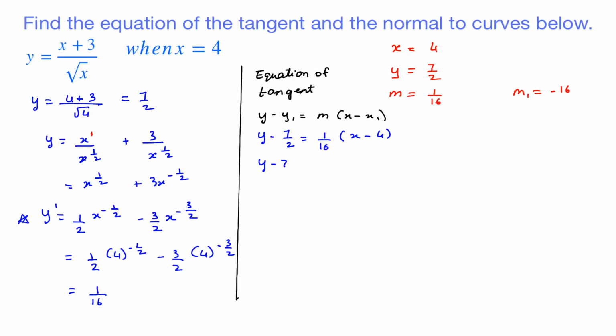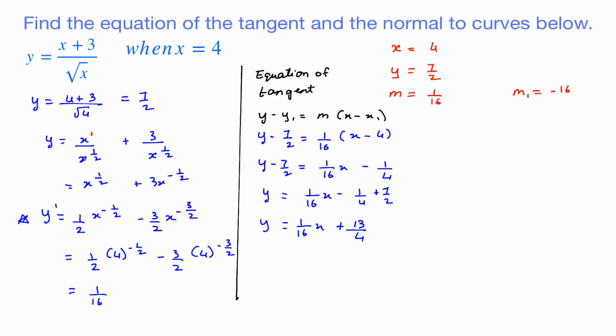Expand the bracket, minus 1 over 4. Move the 7 over 2 to the other side. It will become positive. Plus 13 over 4. So this is your equation of tangent.